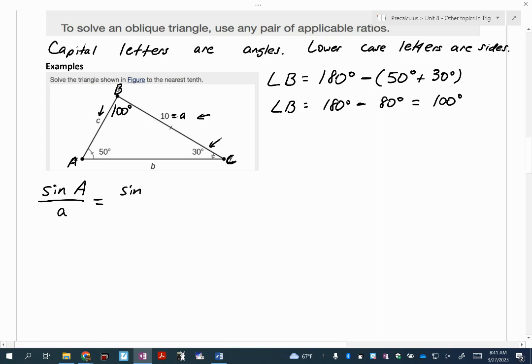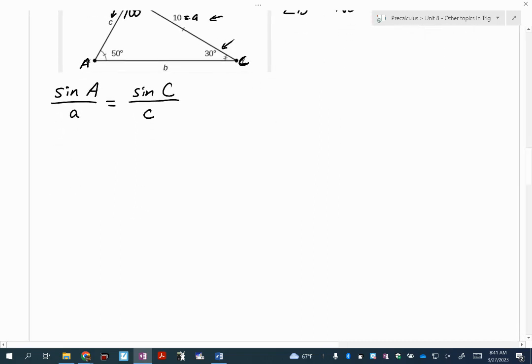But it doesn't matter. You could find your side length b if you wanted to. So the sine of angle C over side length c. So that's going to be the sine of 50 degrees over 10, right? That's my given stuff, equals the sine of 30 degrees over my side length c.